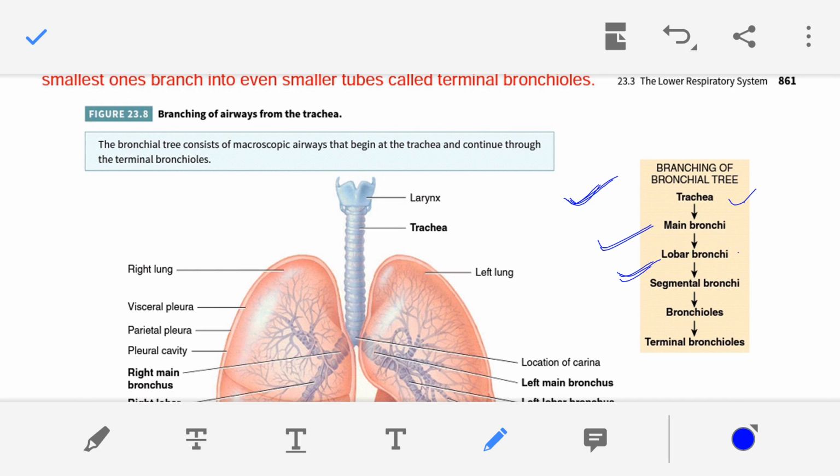Then lobar bronchi further divide into smaller branches known as segmental bronchi. Then segmental bronchi further divide into still smaller branches known as bronchioles, and the bronchioles further divide into smaller branches, and then there is a formation of terminal bronchioles.